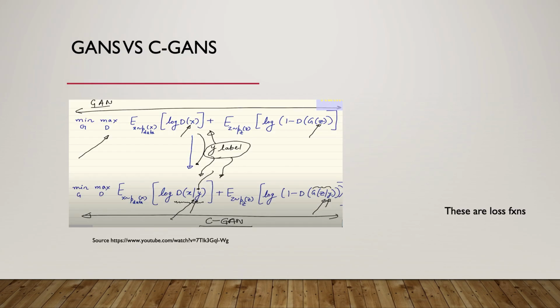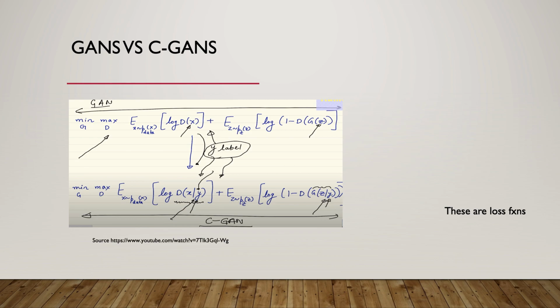To put this into perspective, let's look at the loss functions for GANs versus c-GANs. I think this will point out exactly what I was talking about. GANs and c-GANs learn through a loss function that tries to classify if the output image is real or fake, while simultaneously training a generative model to minimize the loss function, as we said earlier on. Now we can see from the loss function of the c-GAN that the generator and the discriminator models are conditioned on a class label.